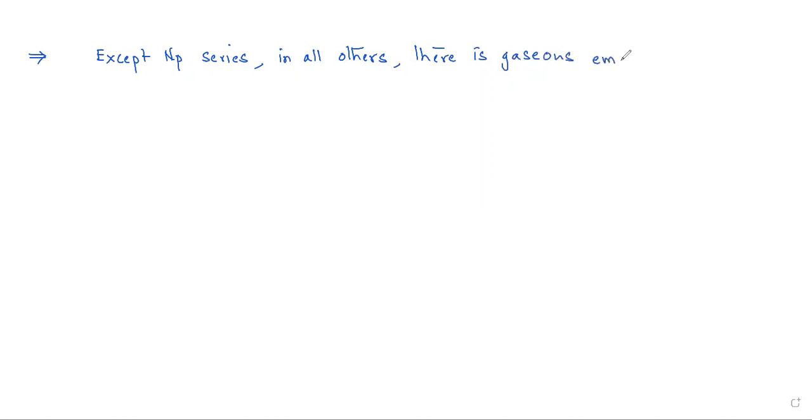In radioactive disintegration series, except the 4n plus 1 or the Neptunium series, there is a gaseous emanation.